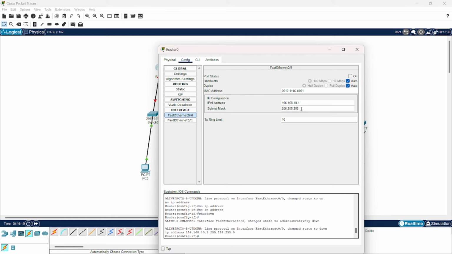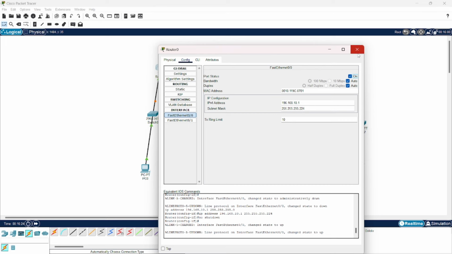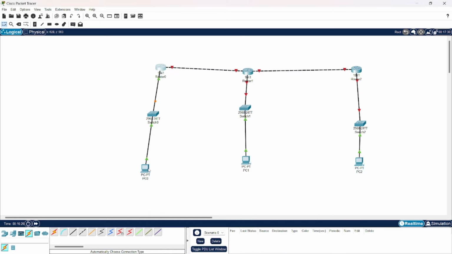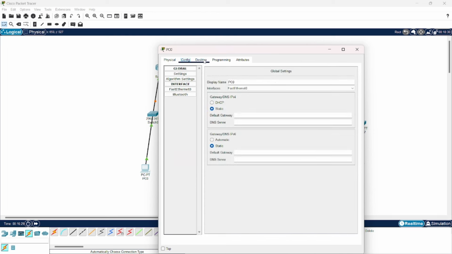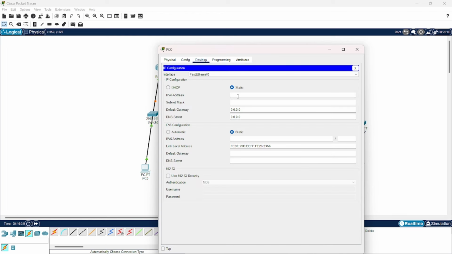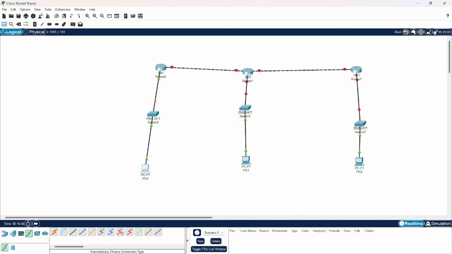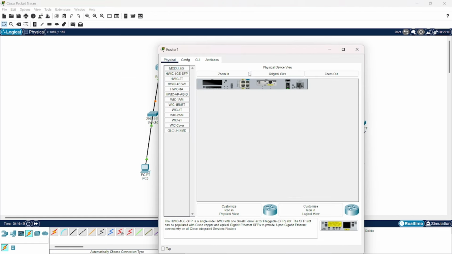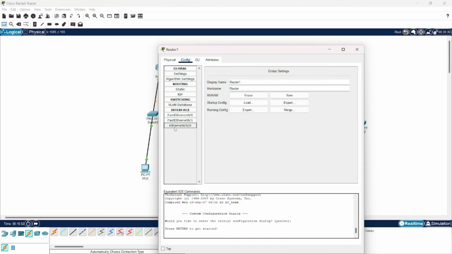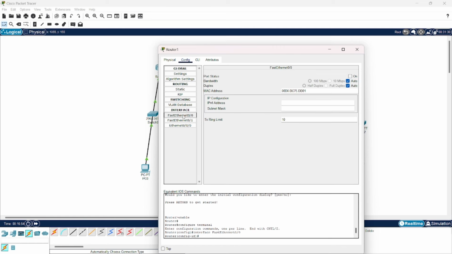Don't forget to change the subnet mask here. Our first network is done, and now I am configuring the second network.